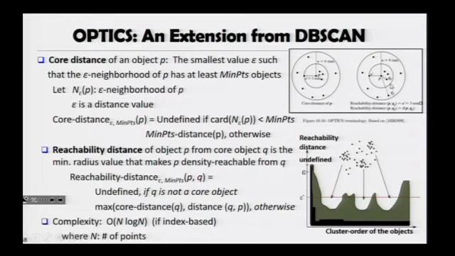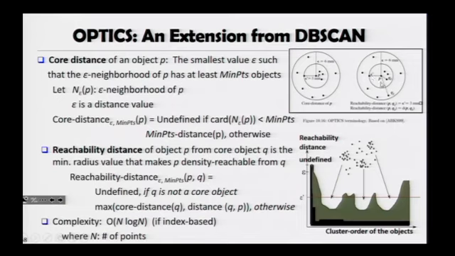Let's say we already have a core point P and have calculated its core distance. We still set the minimum points as 5 here, so this epsilon prime is the core distance for the core point P.